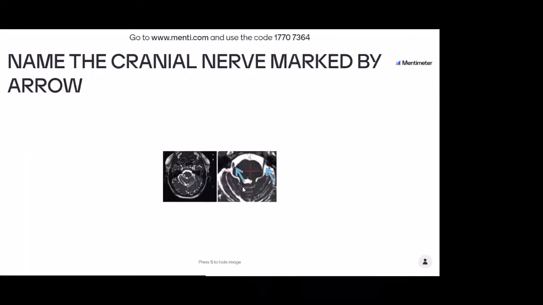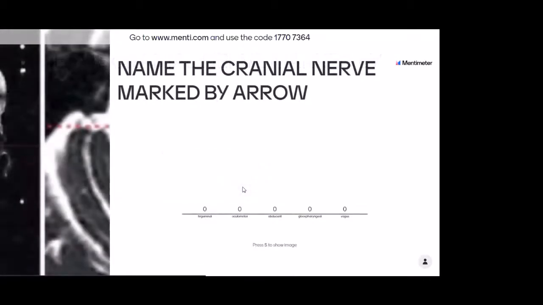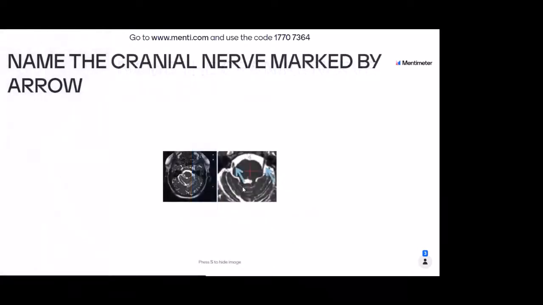So again, there's a question: name the cranial nerve marked by arrow. Is it trigeminal nerve, oculomotor nerve, abducent nerve, glossopharyngeal nerve, or the vagus nerve? I can show you the image again. These are two cranial nerves which are marked by arrows.